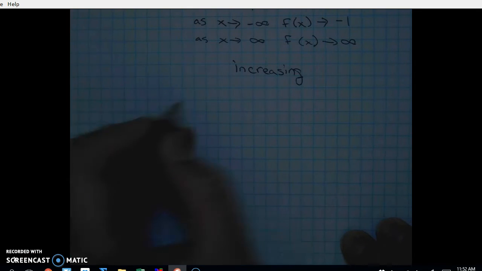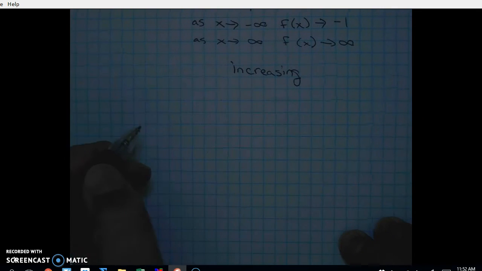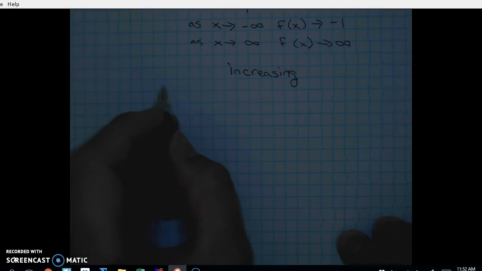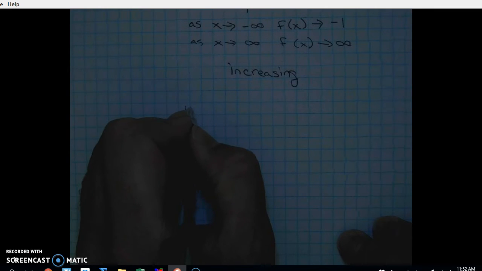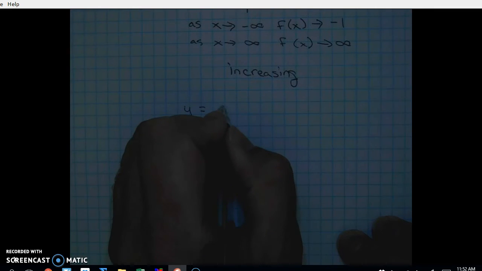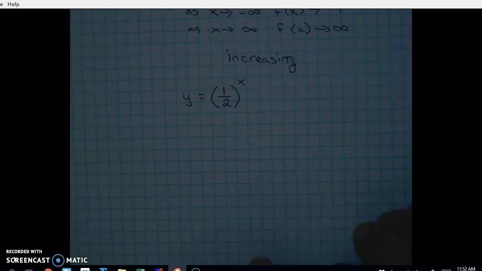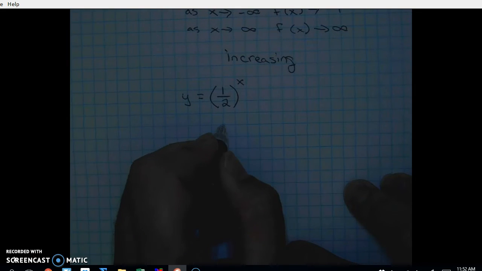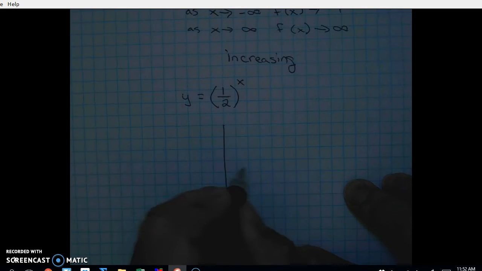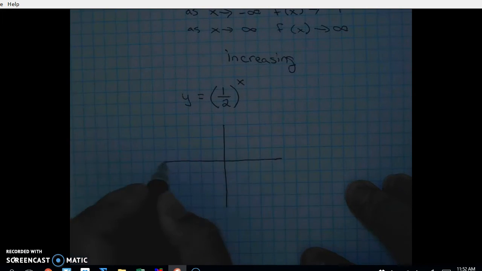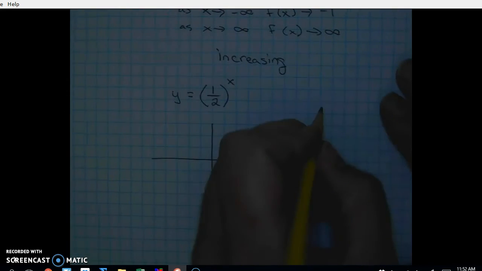So this is an example of a decreasing exponential function. Okay, so let's take a look at what this looks like. Go ahead and make a table over here.